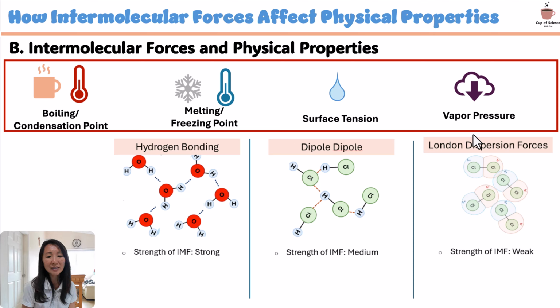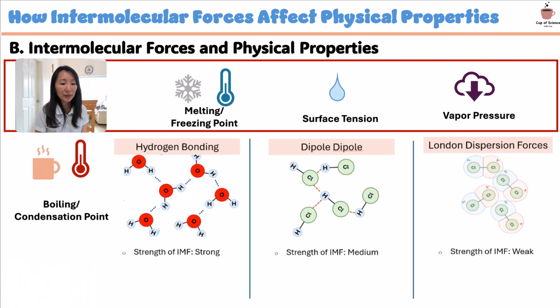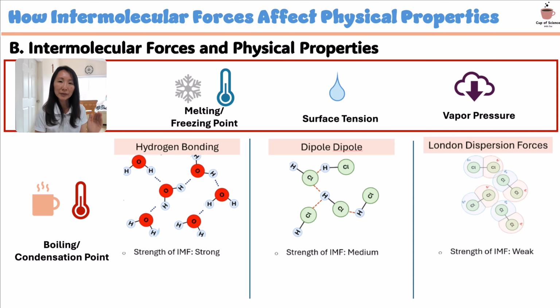Now, how do these intermolecular forces relate to the physical properties I have mentioned before? So our very first one is the boiling point, or the condensation point. The boiling point and condensation point, please note, are 2 different phase changes.